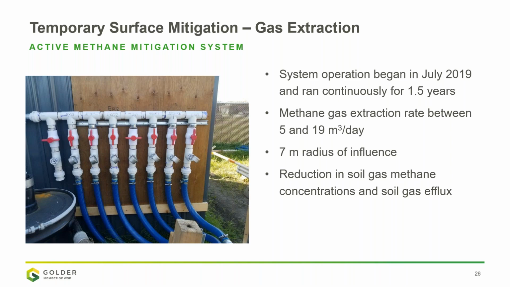This served our purposes. Based on the flow rates and the concentrations, the overall gas extraction rate ranged between 5 and 19 cubic meters per day, within the range of the gas efflux that we had measured from the surface. We'll go through some of the results on the next slide.